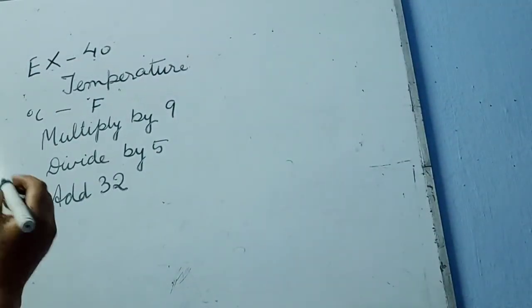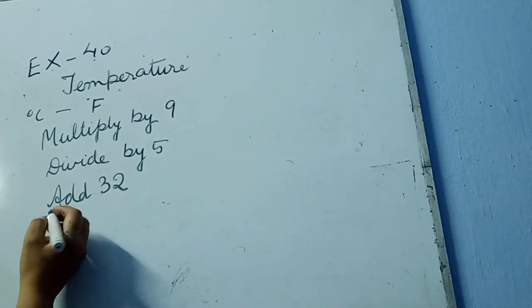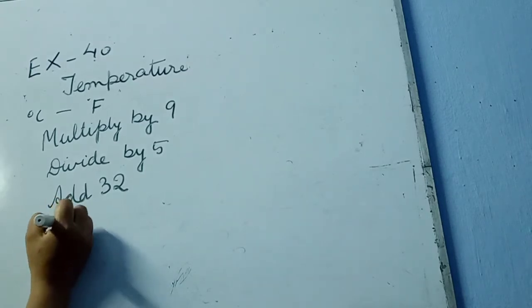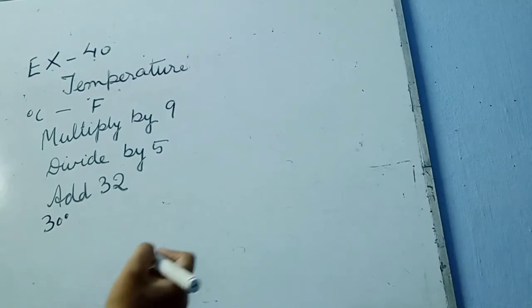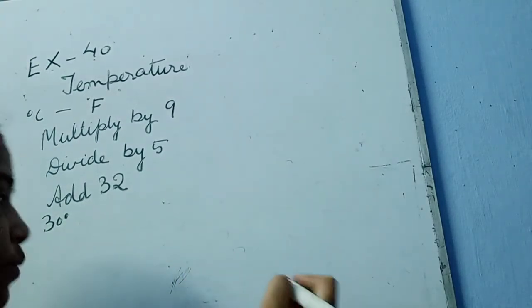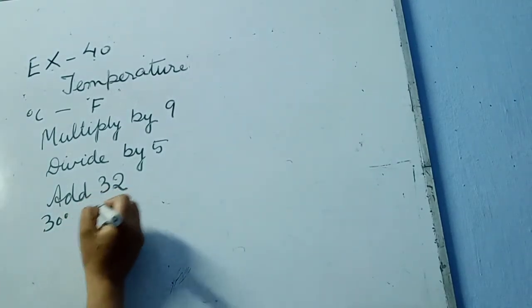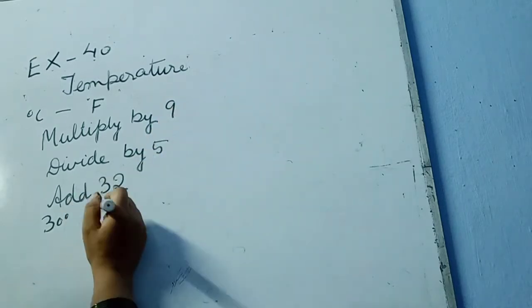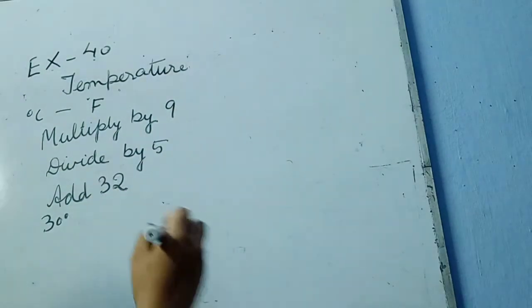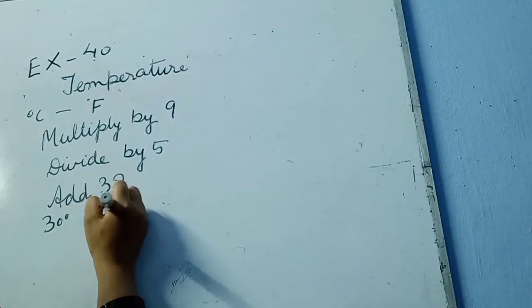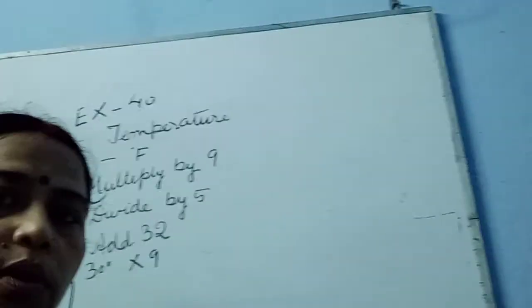So let us see how to do it. Suppose the temperature is 30 degree Celsius. We are going to multiply 30 by 9.